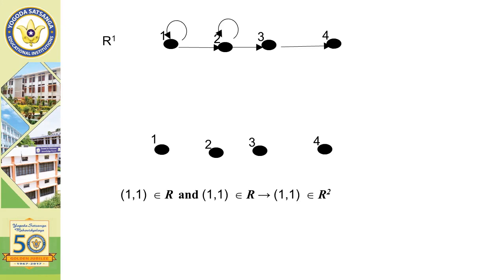Now we determine R square. Since (1,1) belongs to R and (1,1) again belongs to R, (1,1) belongs to R square. Similarly, (1,1) belongs to R and (1,2) belongs to R, therefore (1,2) belongs to R square.